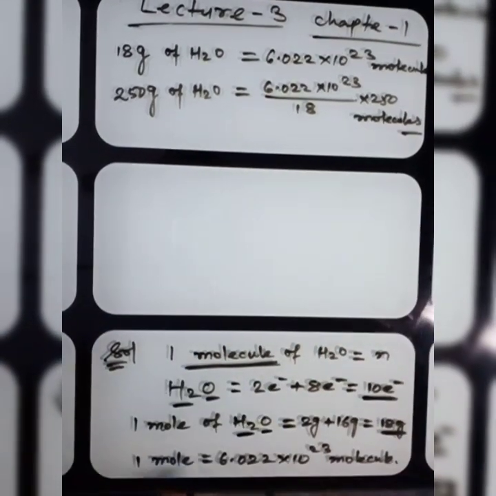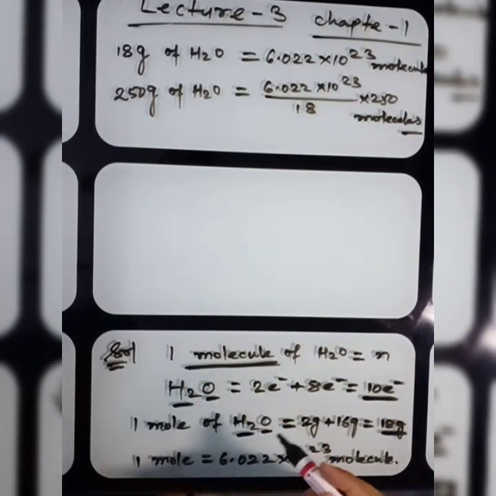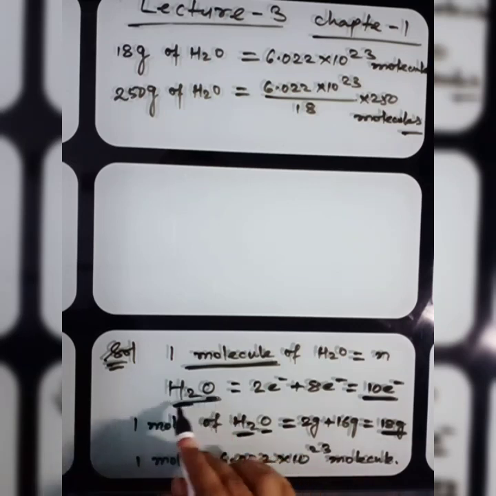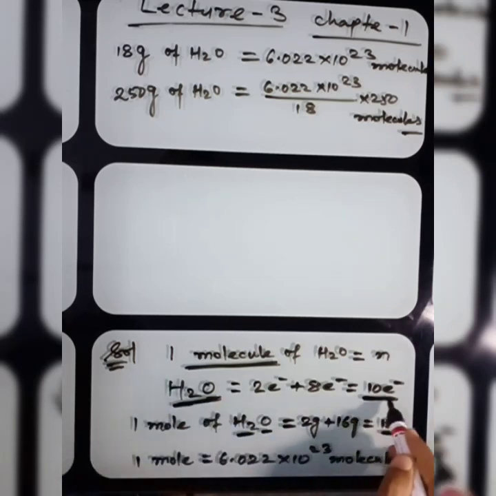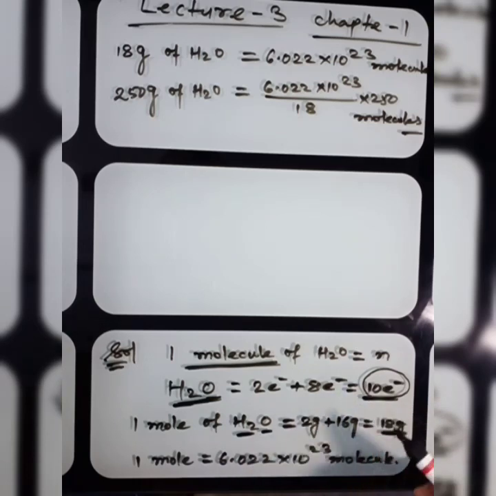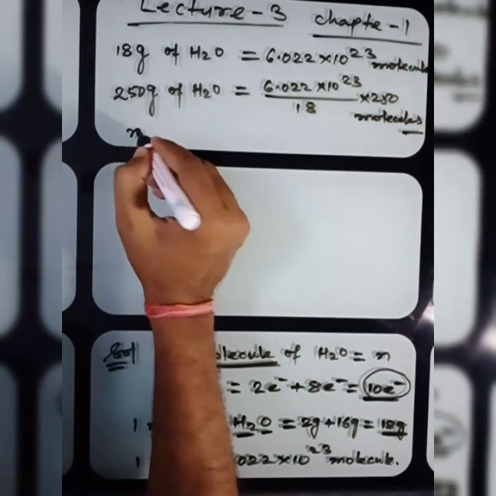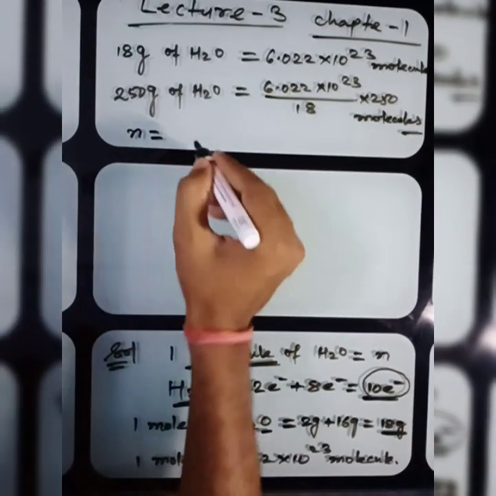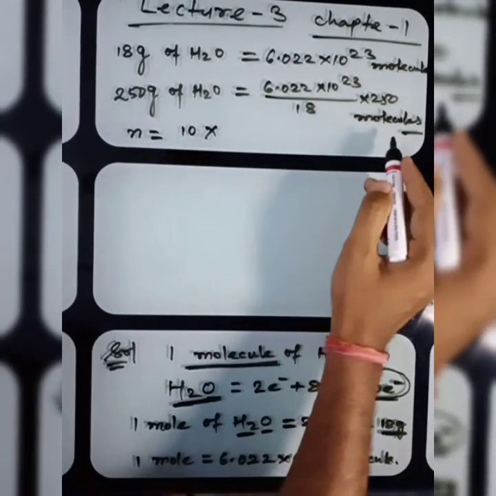As we have discussed already, one molecule of H2O contains 10 electrons. So the number of electrons will be 10 times the total number of molecules.